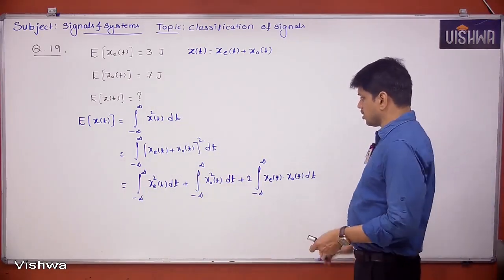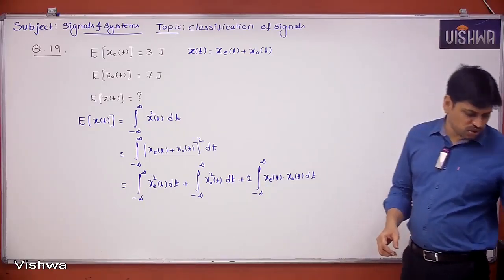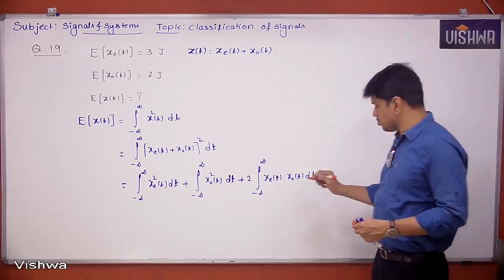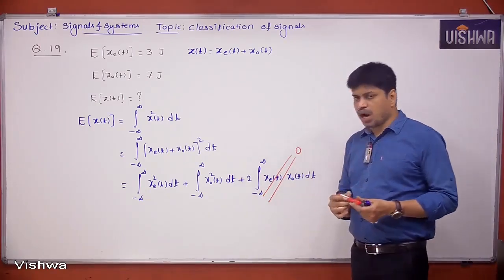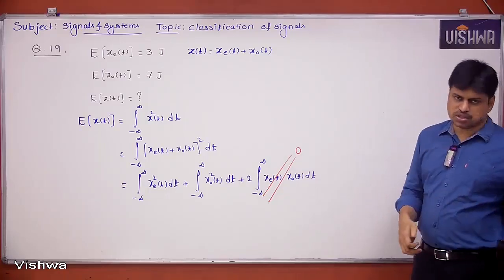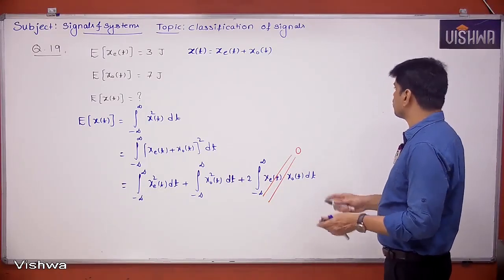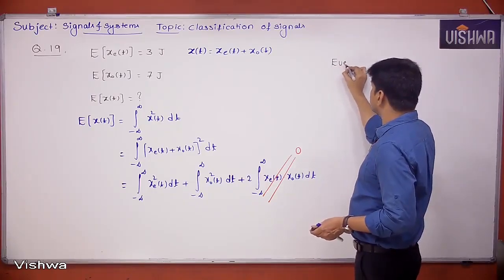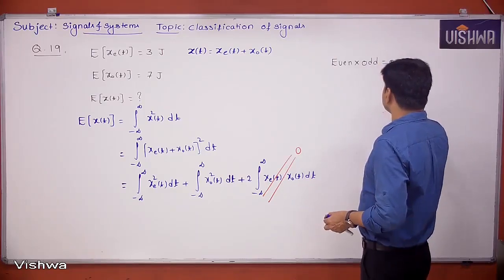Now try to understand. I am suddenly saying this integral value is equal to 0. How can I say that? Is there any reason behind this? First try to understand. If I take an even signal multiplied with an odd signal, the result is an odd signal.